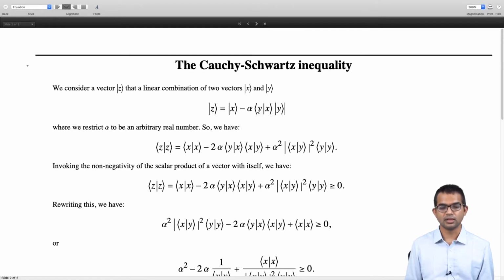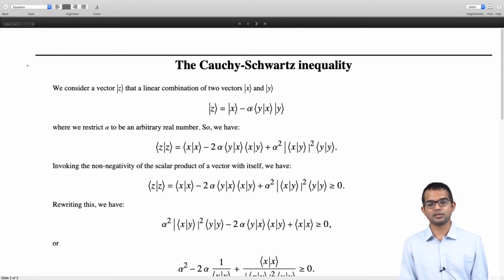So we'll already put in an inner product yx. There was a geometrical interpretation which we gave for why we went about considering this particular vector.